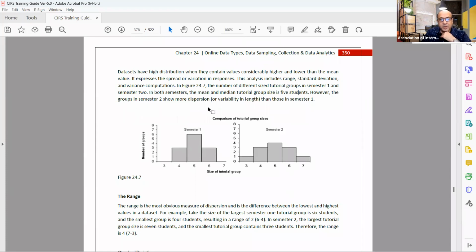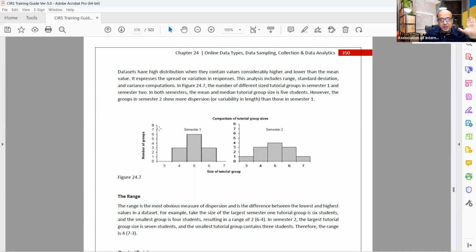However, the groups in semester 2 show more dispersion or variability. Dispersion means that I want to compare semester 1 with semester 2 to see the dispersion. In the first semester, the number of groups that got enrolled starts from 1, 2, 3, and goes all the way to 8.